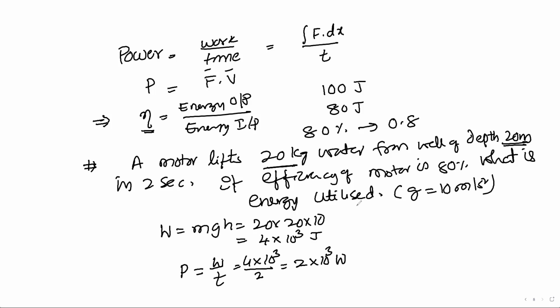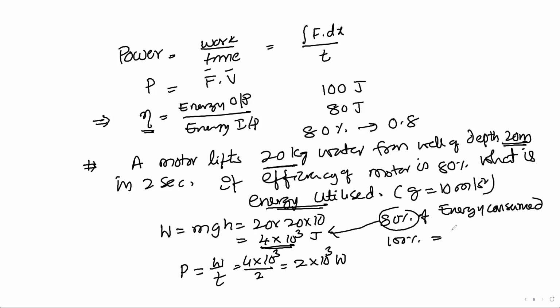But here it is asked, what is the energy utilized? Now, the work done is equal to 80% of the energy consumed. If it utilizes 100% energy, of that only 80% is utilized as work. Then 100% is 4 into 10 power 3 into 100 by 80.